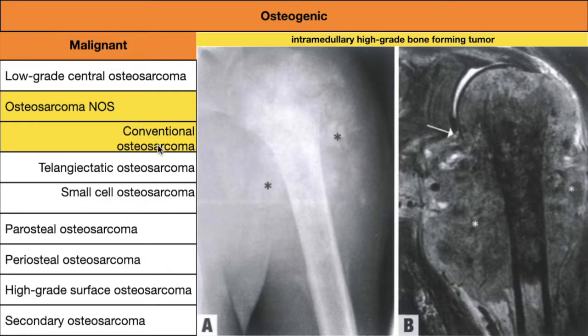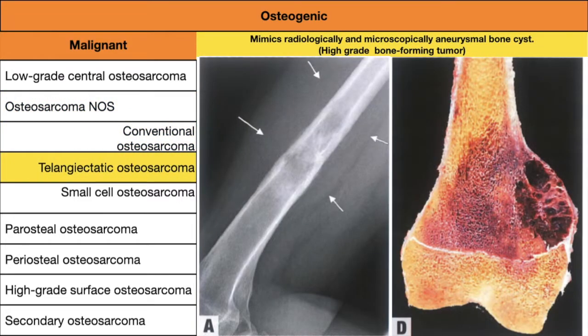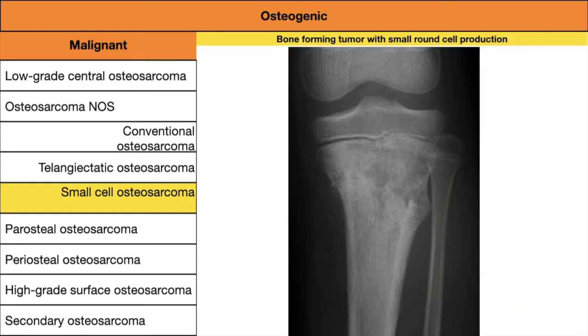The conventional osteosarcomas are the intramedullary high-grade bone-forming tumors. Telangiectatic osteosarcomas mimic aneurysmal bone cyst radiologically and microscopically. So they must always be differentiated from aneurysmal bone cyst. So biopsy is a must in ABC. Then we have small cell osteosarcoma. They are again the bone-forming tumors with small round cell production.